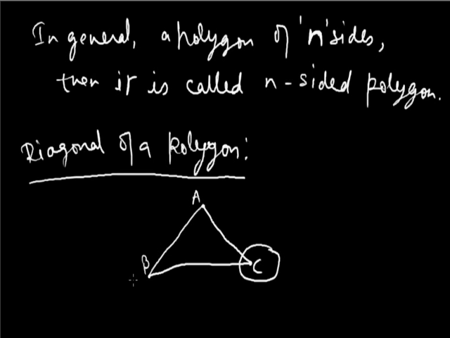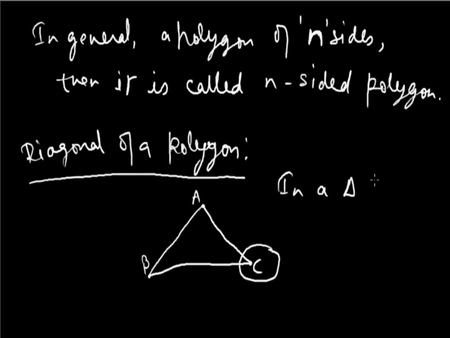Both B and A are its consecutive vertices. That's why in a triangle, for any vertex there is no non-consecutive vertex. So there is no diagonal in a triangle.